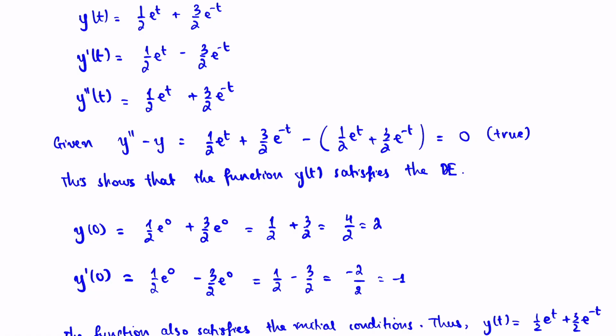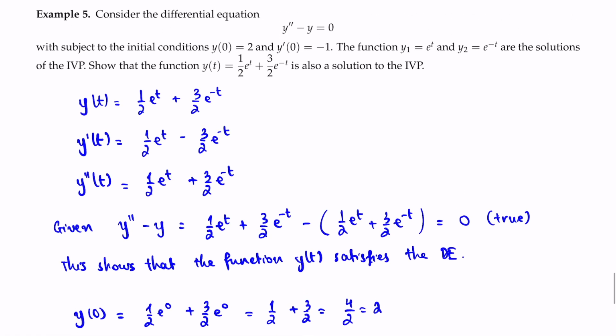To do that, we need to calculate the Wronskian, and if the Wronskian is different from 0, then the solutions are linearly independent and they form a fundamental set of solutions. In addition to that, not only are these given functions solutions to the differential equation, the linear combinations of those functions are also solutions to the differential equation. So that's it for lecture 8.